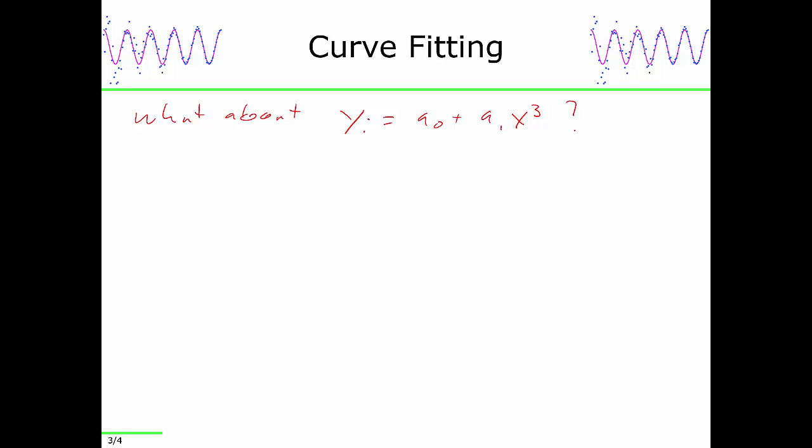The answer is yes and no. It's nonlinear in x, but it is linear in both A0 and A1. You see that? So in this case, in terms of what we will be discussing, this is in fact a linear equation in the parameters of interest. This is linear.